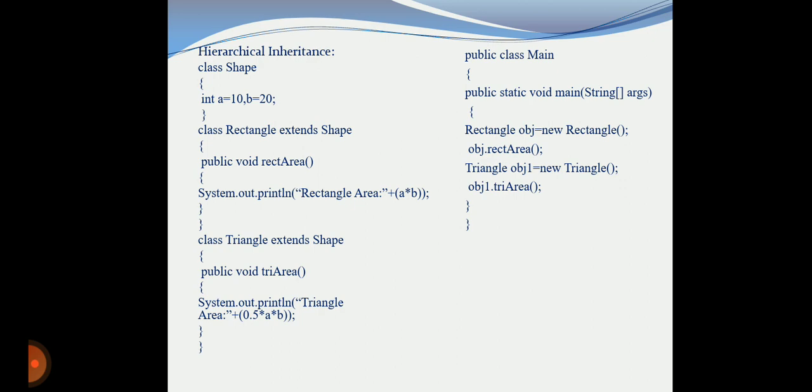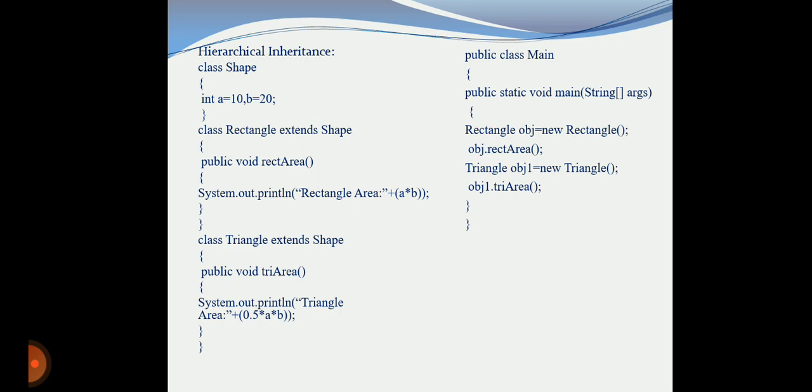Hierarchical inheritance means that one class serves as a superclass for more than one subclass. Or we can say it as one base class having more than one derived class.